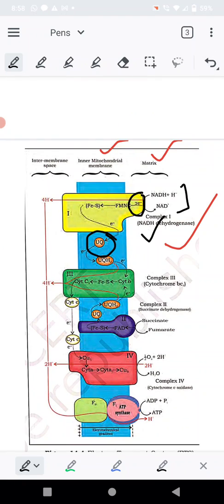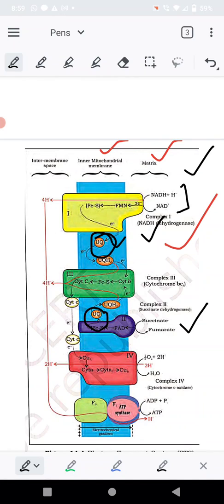The ubiquinone, which is the intermediate carrier, also receives an equivalent amount of electrons via FADH, which is generated during the oxidation of succinate by succinate dehydrogenase. So the ubiquinone receives a similar number of electrons from complex 1 as well as from complex 2, that is succinate dehydrogenase.